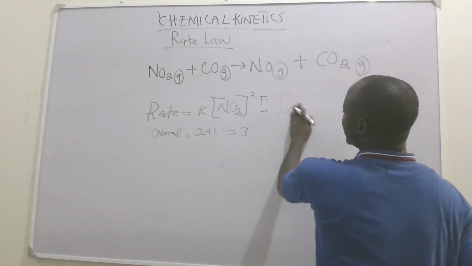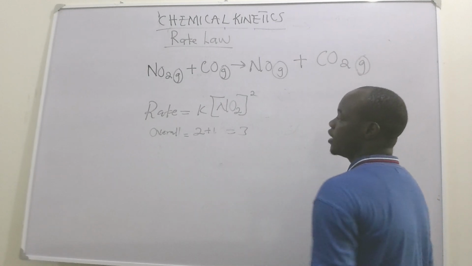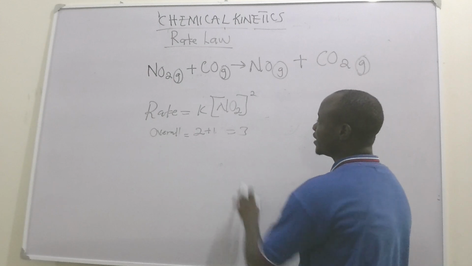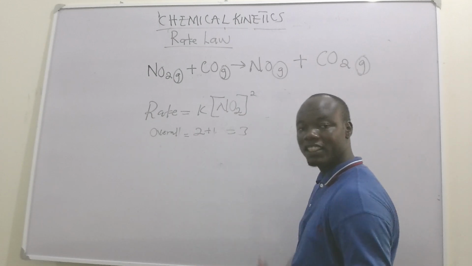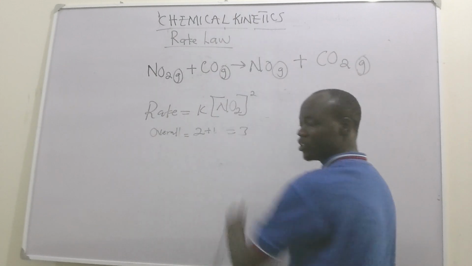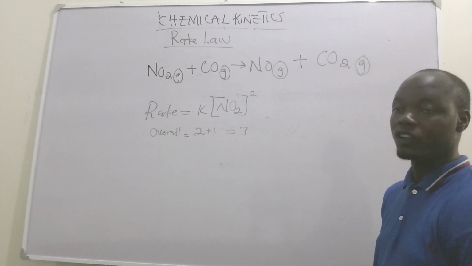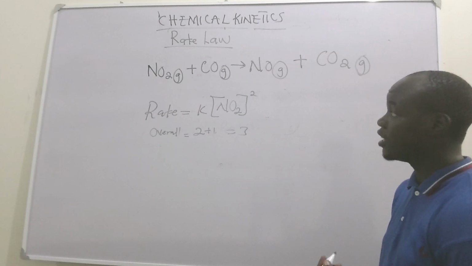But if we don't have this here, it means that the overall order of the reaction is second order. And it also means that the rate of the reaction doesn't depend on the concentration of carbon monoxide. So that is what you call order of the reaction and rate law.